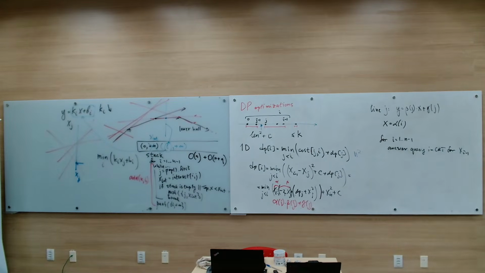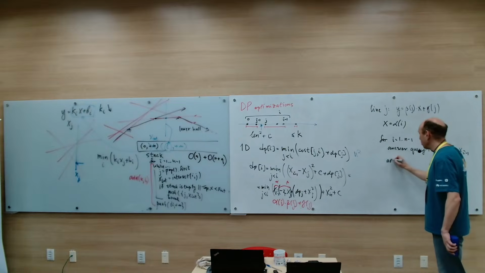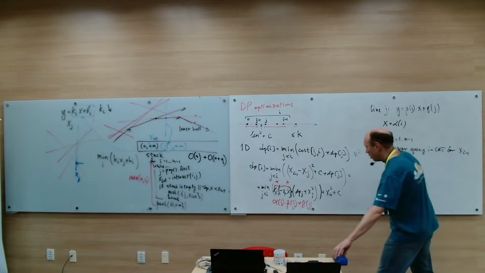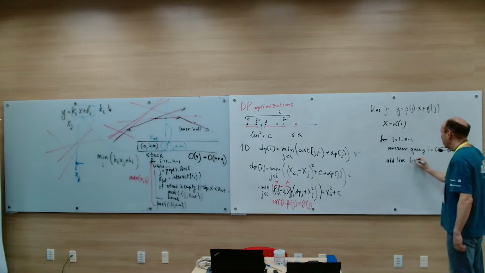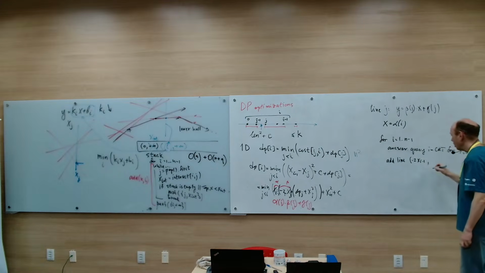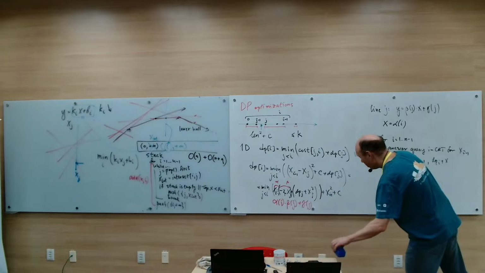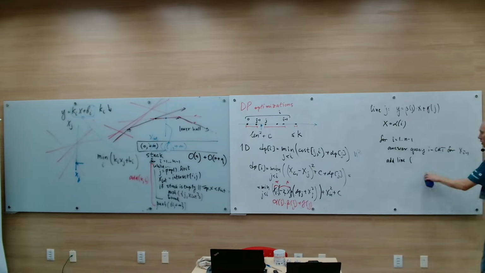And then we add a line, like minus 2x_i and dp_i plus x_i squared.